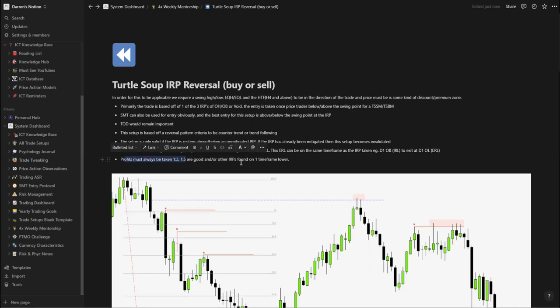These are sort of good areas of likely where other IRPs would be nested inside. So like 4-hour voids, 4-hour order blocks, maybe daily voids, daily order blocks before the external range liquidity is taken. Okay, because it's not always that price will go to external range liquidity. Your analysis of the chart could be wrong, and price doesn't go to external range.